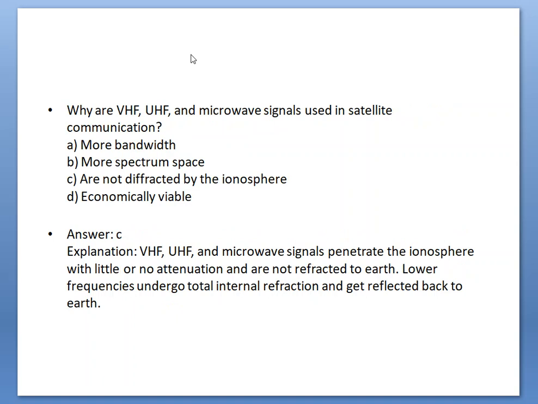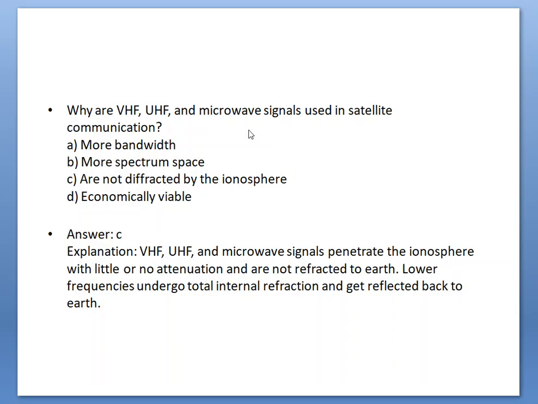Coming to the next bit, why are VHF, UHF and microwave signals used in satellite communication? Option A, more bandwidth, option B, more spectrum space, option C, they are not diffracted by the ionosphere, option D, economically valuable.